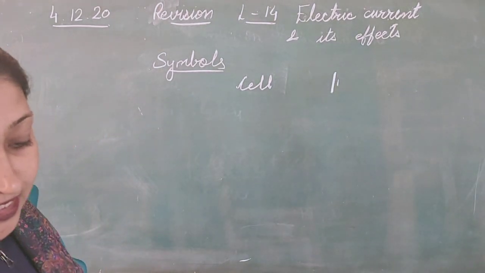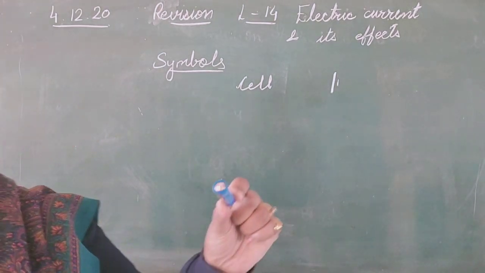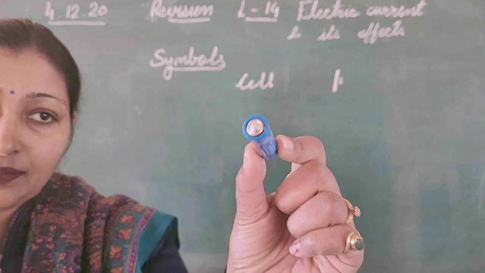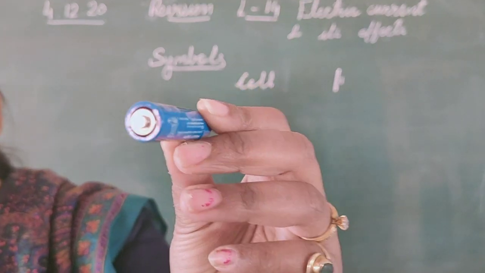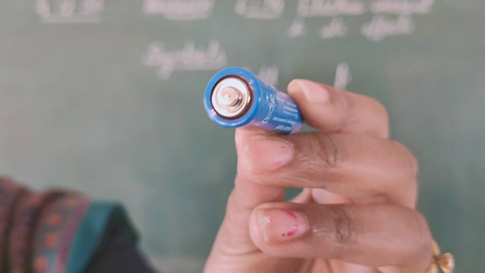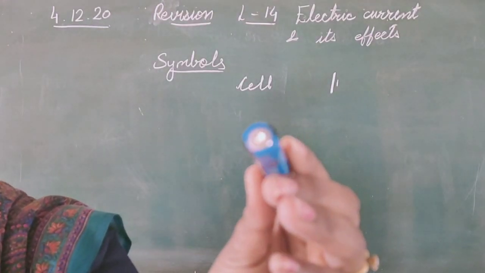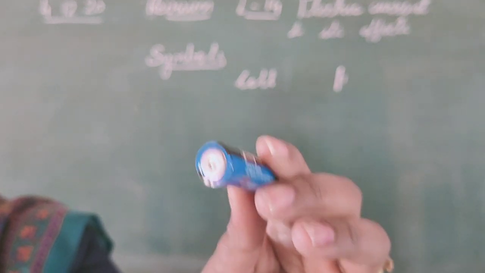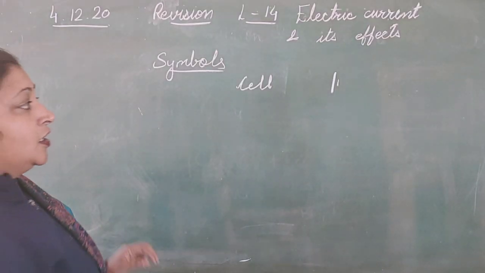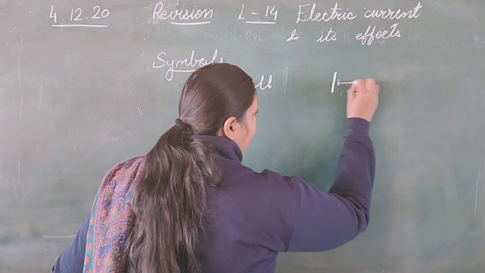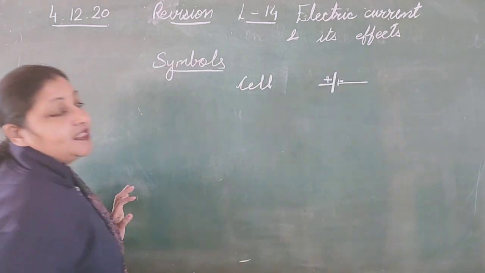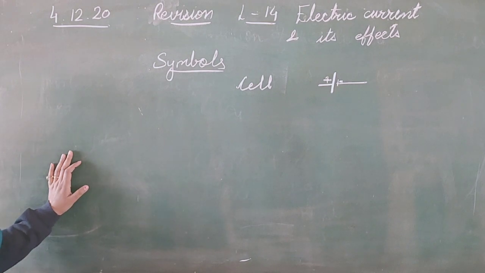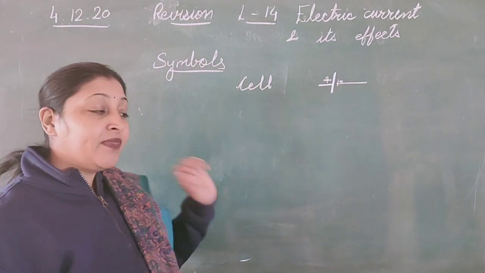If you can see the cell, this side of the cell, which is towards the outside, is the positive side, and the other side, which is inwards, is the negative side. So children, it represents the positive side and it represents the negative side of the cell. I hope it is clear.